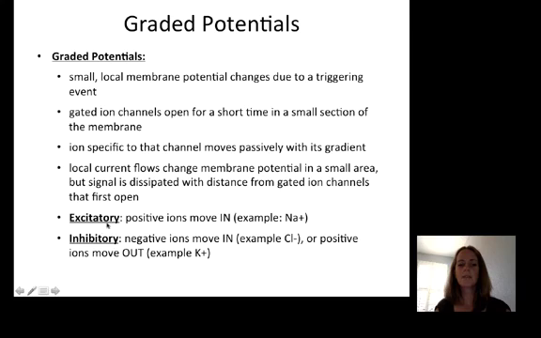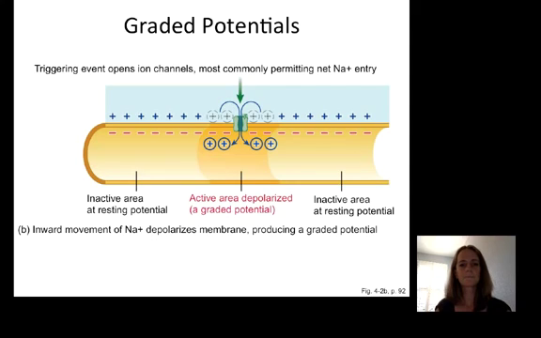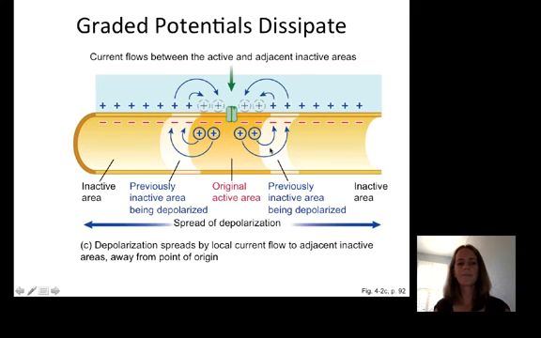Whereas the excitatory potentials would be depolarizing potentials. So here's that picture again. These are small graded potentials where, for example, here we have positive ions moving into a cell through a small channel. That is going to be a small excitatory graded potential.